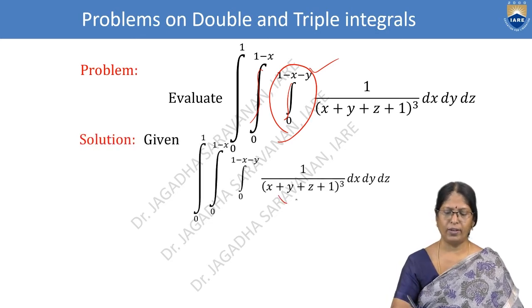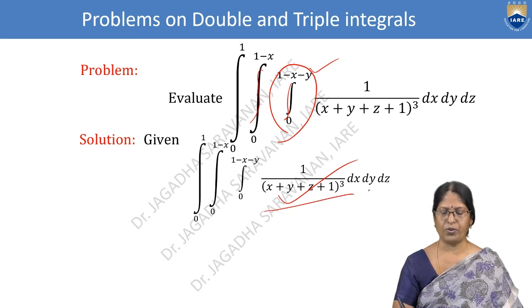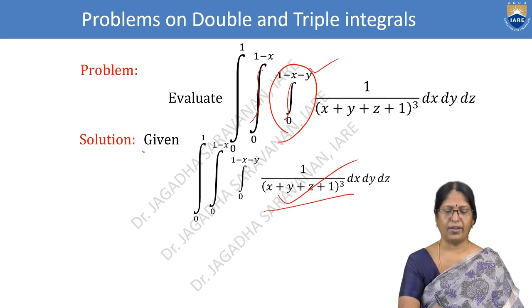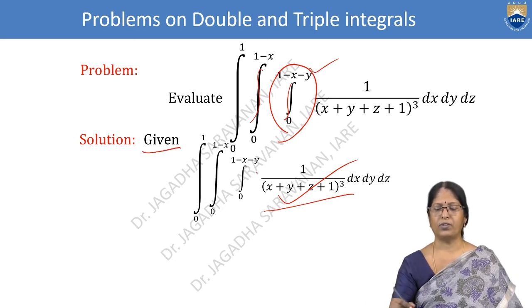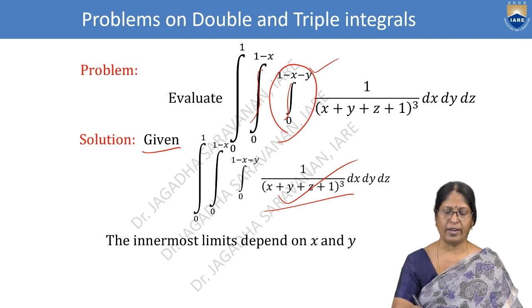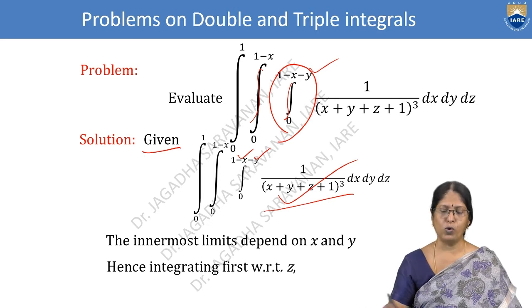Here is the triple integration given as the question. I am just reproducing the question here. The innermost limits depend on x and y, so we compulsorily have to do the innermost integration with respect to z.